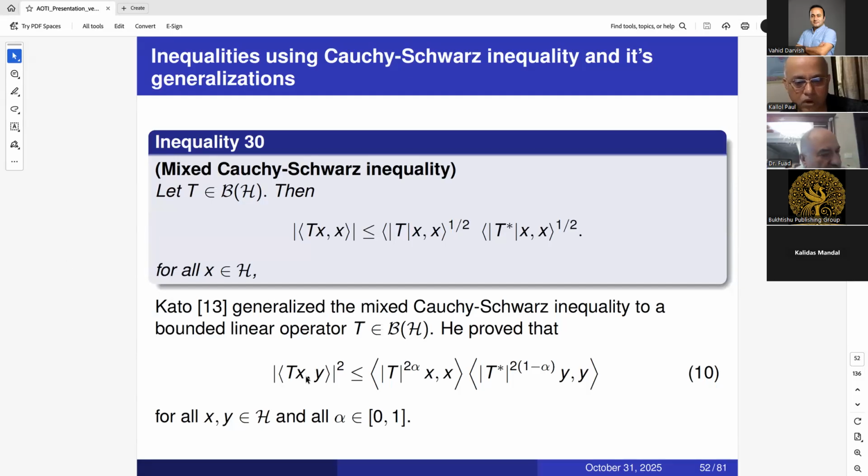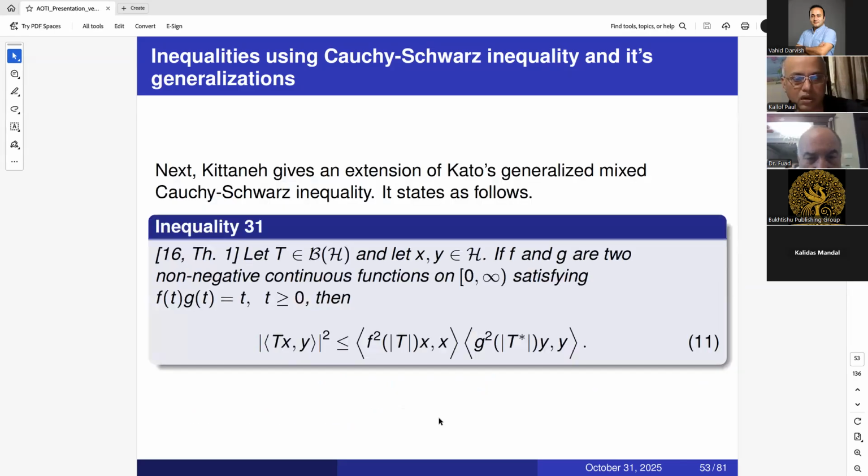And if you look at |⟨Tx,y⟩| whole square, this is less than or equal to ⟨|T|^{2α}x,x⟩ times ⟨|T*|^{2(1−α)}y,y⟩. If you take T equal to the identity, it will give you nothing but the normal Cauchy-Schwarz inequality. So this is again for operators T.